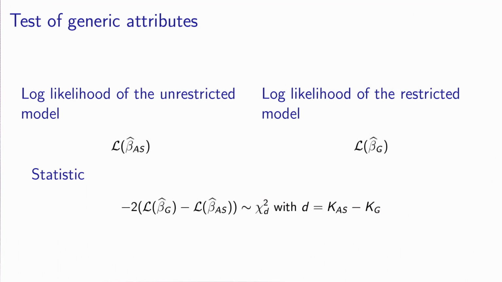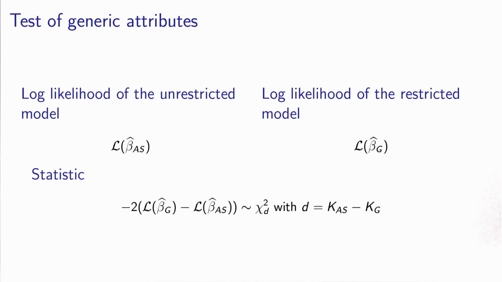So what do we do? Well, we first estimate the unrestricted model, the one with alternative specific betas, and we calculate the log likelihood function. Then we write the restricted model, the one where one parameter is used for all alternatives, the variable is generic, and we calculate the final log likelihood.